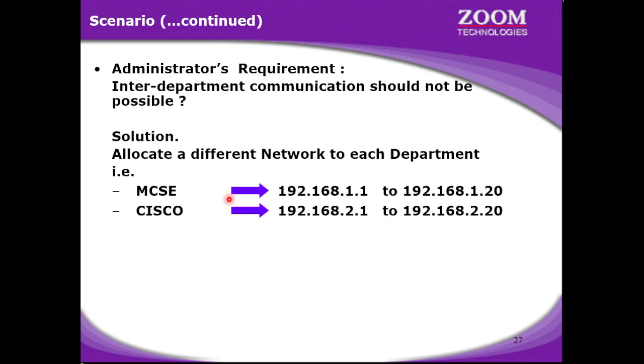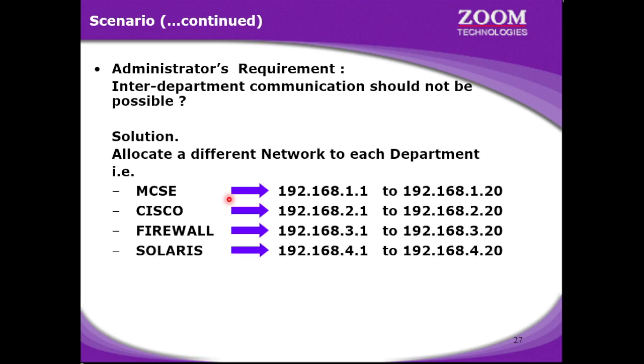Si Cisco, pinalitan natin yung network portion. Ginawa natin 2.1 hanggang 2.20. Si firewall, ganun din, 3.1 hanggang 3.20. Solaris, 4.1 hanggang 4.20. Training is 5.1 hanggang 5.20.